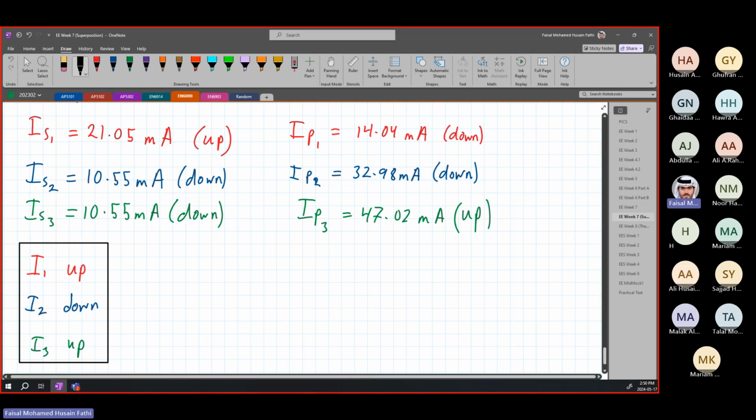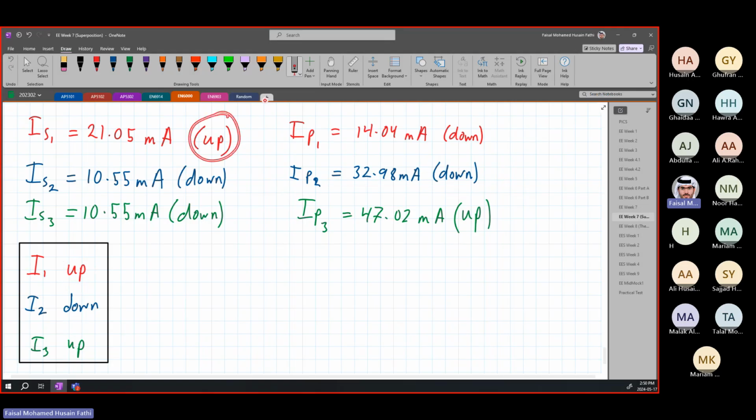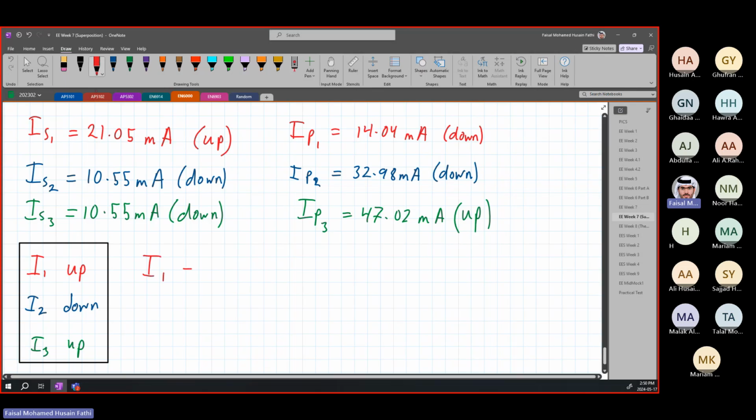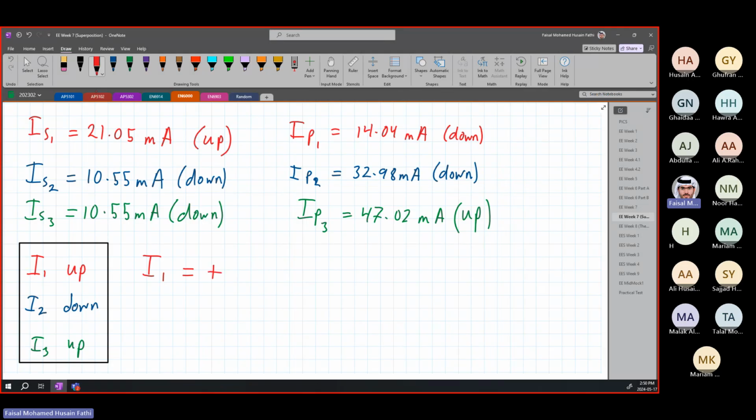So we have to look at the direction that we have for I1, and this should be the same as this direction. If not, then it will be negative. For example, let's start with I1. So I1 is up, okay? IS1 is also up, so it is going to be a positive value because it's in the same direction that is assumed, milliamps.